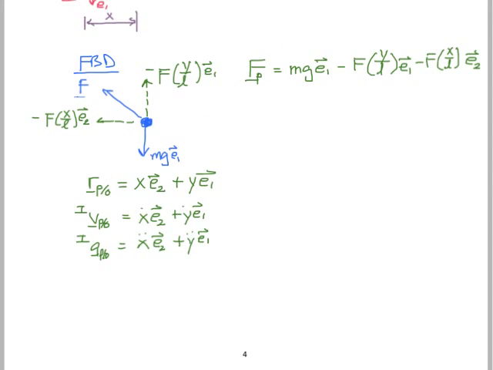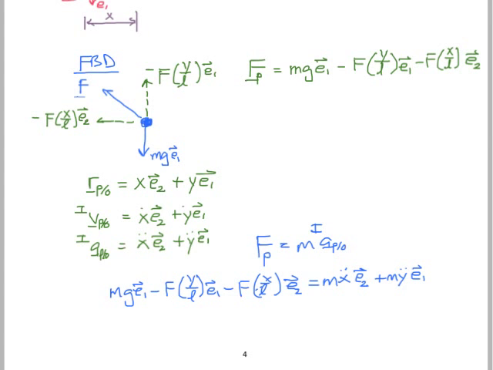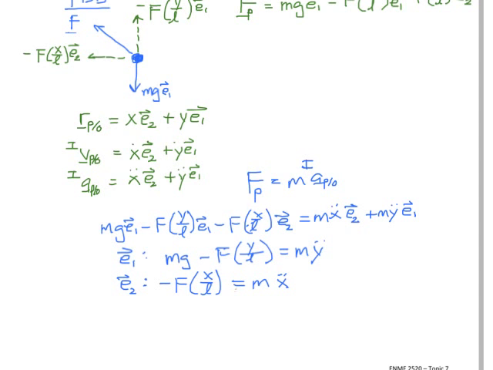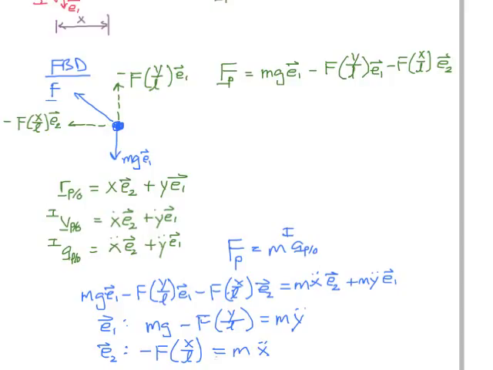We plug all of this into F equals ma, and after this we equate coefficients for the E1 direction and the E2 direction. Now I see that I neglected, when working with the kinematics here, to define the kinematic constraint that's part of the problem. That is x squared plus y squared is equal to L squared.